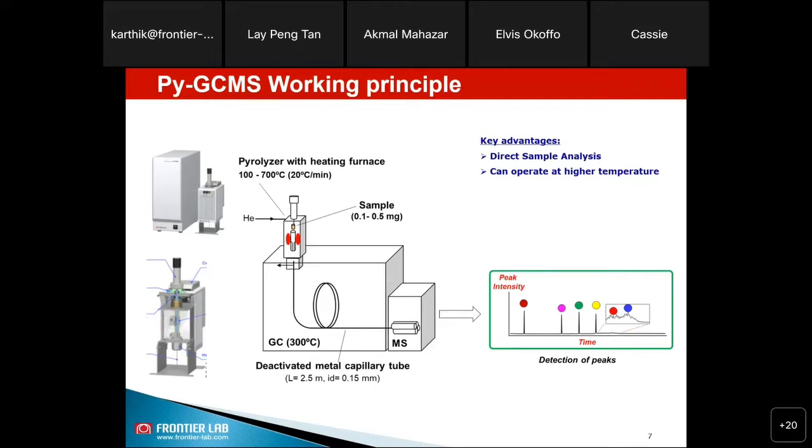Then you get an output similar to a chromatogram, which we call a pyrogram, because it is done through pyrolysis. So the key advantages of pyrolysis GCMS, from a layman's perspective: you can do direct sample analysis, and secondly, you can operate this micro furnace at high temperature, which allows you to analyze polymer samples directly.